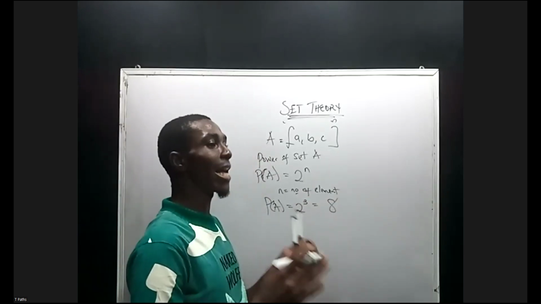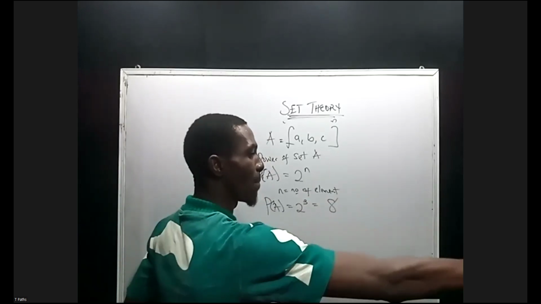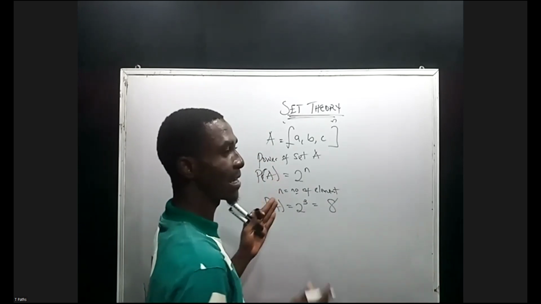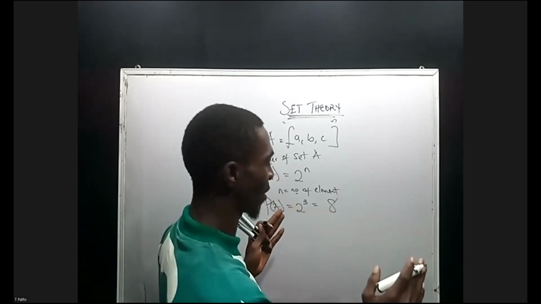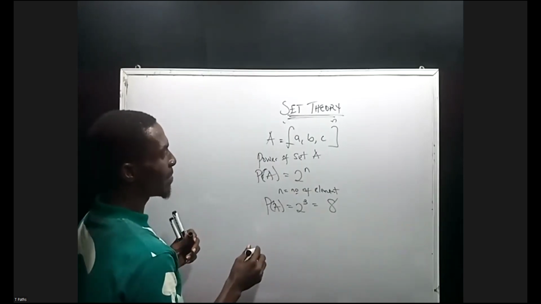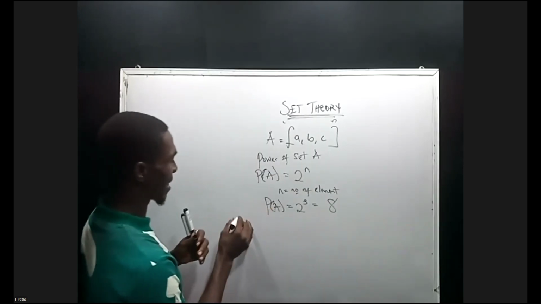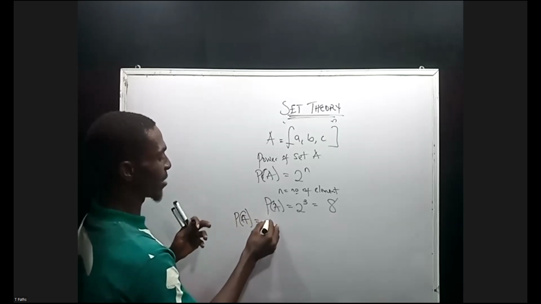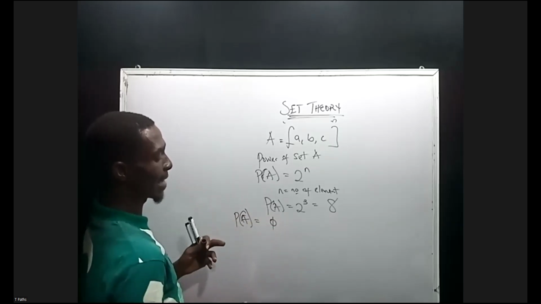Now, if they ask you to list out the possible elements of the power of a set, that is why I said power of a set is listing out the possible elements of a set. The possible elements under power of a set are the subsets you can form using set A. You can form an empty set, 1.